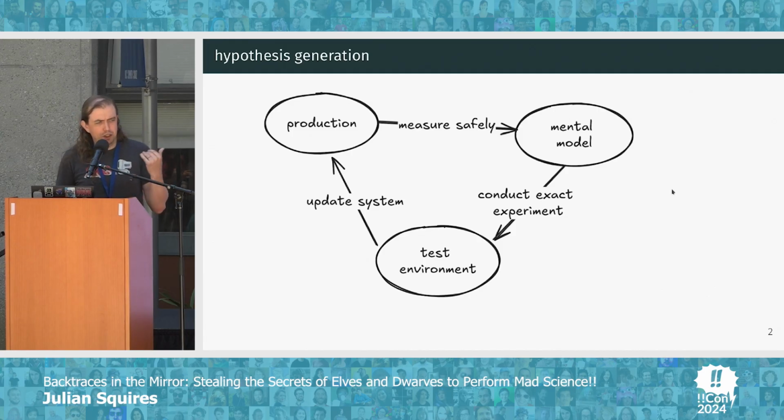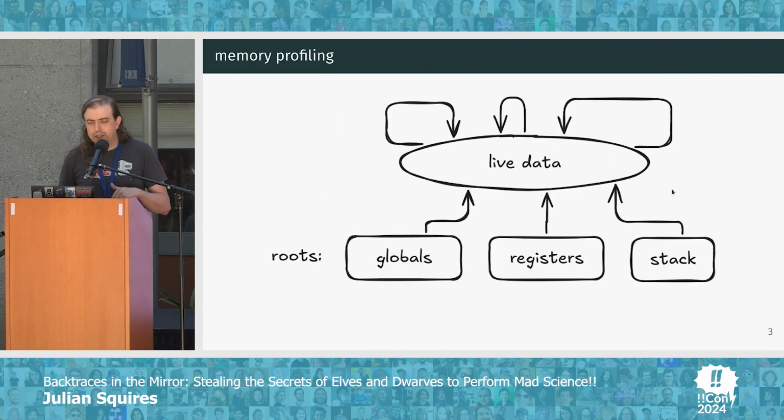So there's this virtuous cycle where I measure safely but inexactly in production, and then that informs my mental model of how the system executes. Then I conduct exact experiments in a safe test environment, reincorporate those changes into production, and repeat. So that's the unobtrusive aspect.